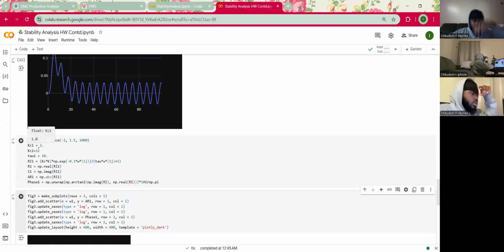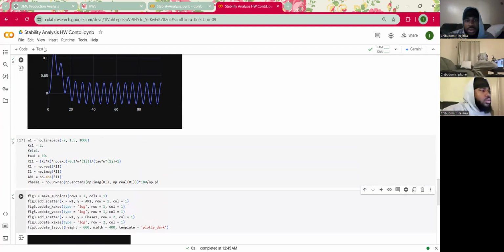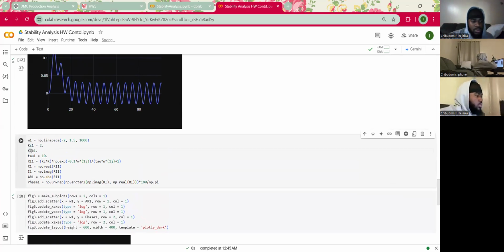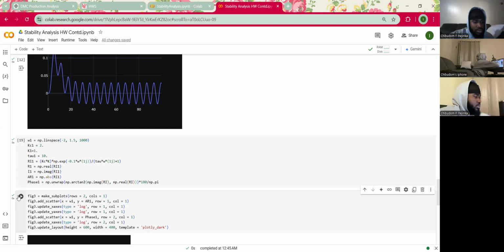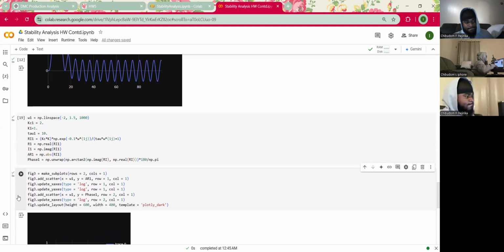Let me see which one was which. KC1. This is meant to be K1. Still nothing. Oh, forgot to change these values.